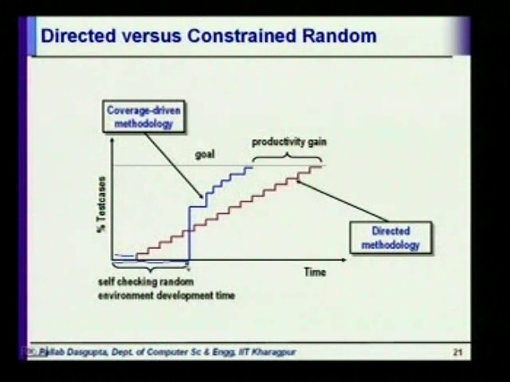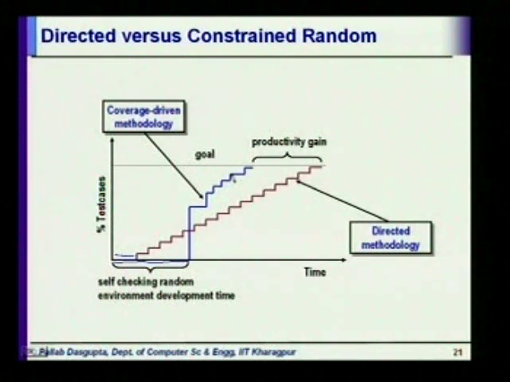You just run your random test bench, it starts covering all those test cases, and you just monitor the coverage. So you see there is a very steep rise in the coverage immediately when this is done, and then it keeps on growing at a very fast rate until it reaches a saturation.